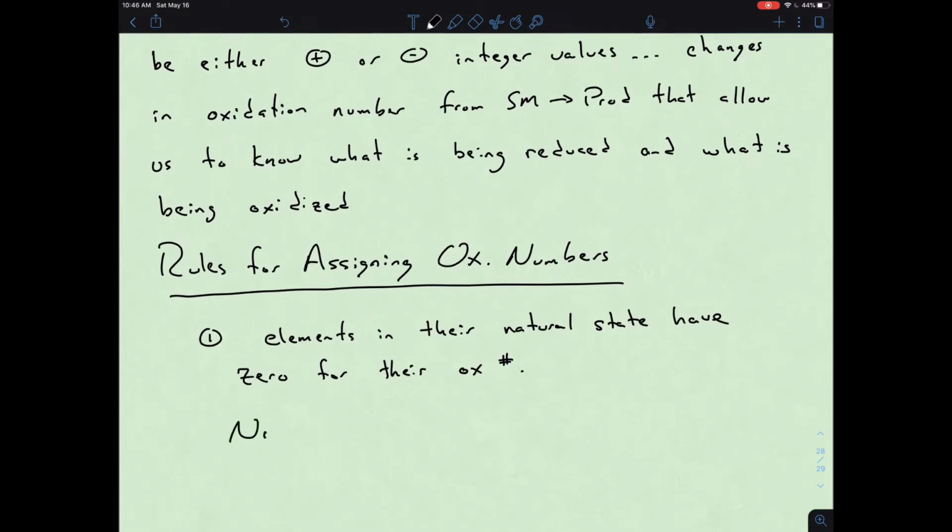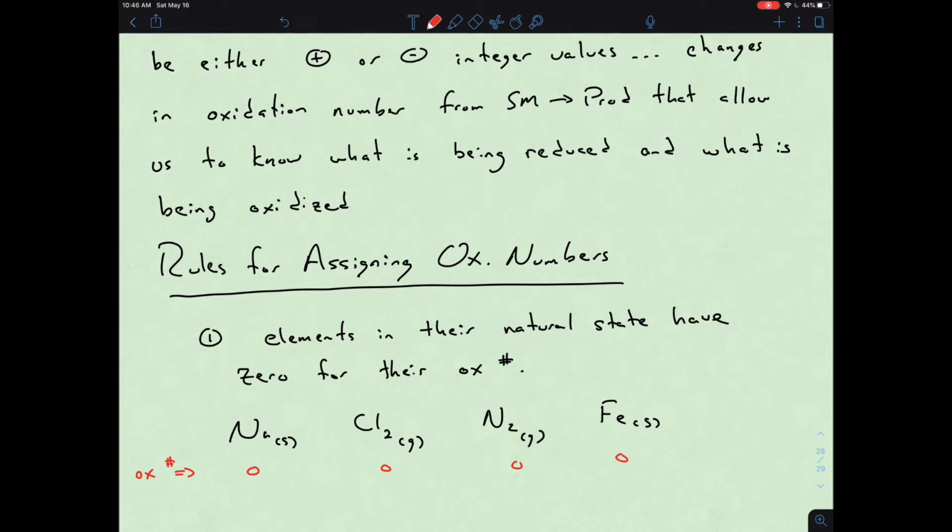So like sodium solid or chlorine gas, or nitrogen gas, or iron as a solid, right? In terms of our oxidation numbers, these are all 0.